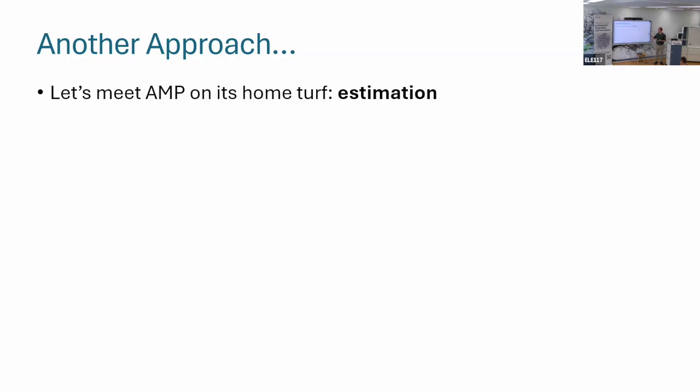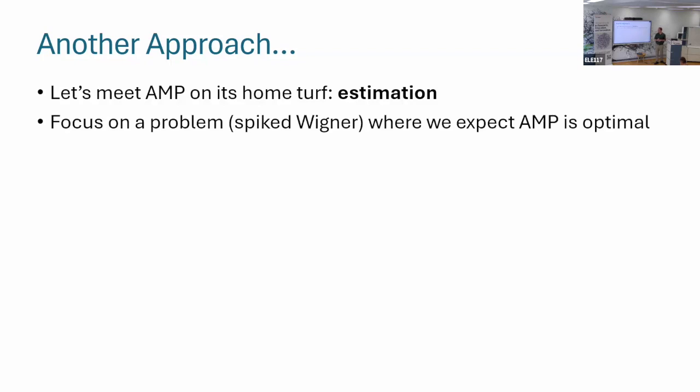So here we're going to really try to meet AMP on its home turf, which is the estimation question. And let's also focus on one specific problem where we expect AMP to be optimal, and that will be the spiked Wigner problem, this rank 1 matrix plus noise that I defined earlier on.